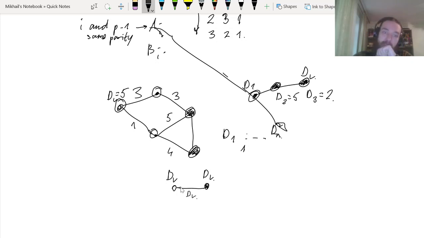So what's next? We can sort of erase this edge. Yeah, this edge is not very helpful. I mean, no, okay, it is helpful actually.